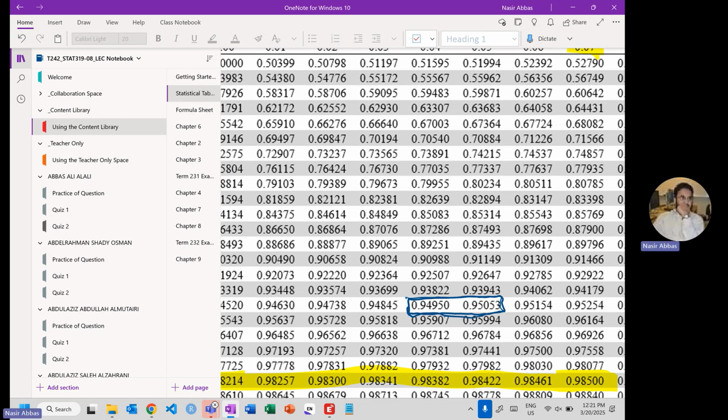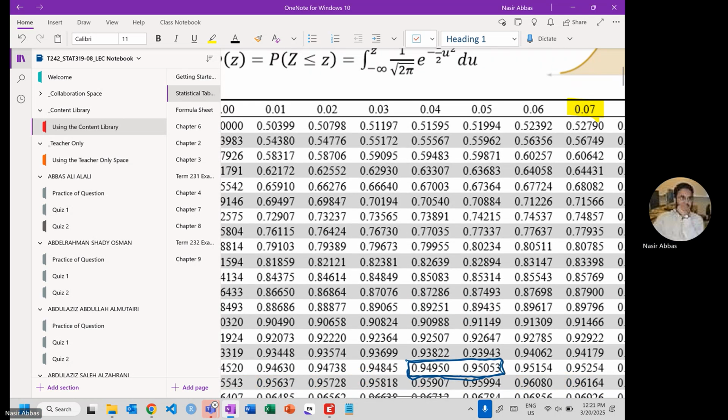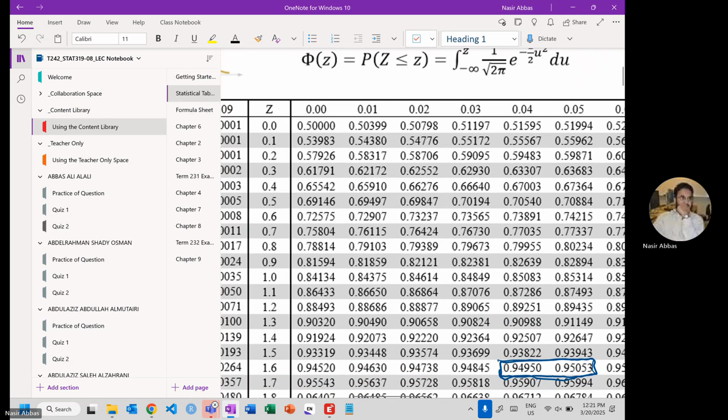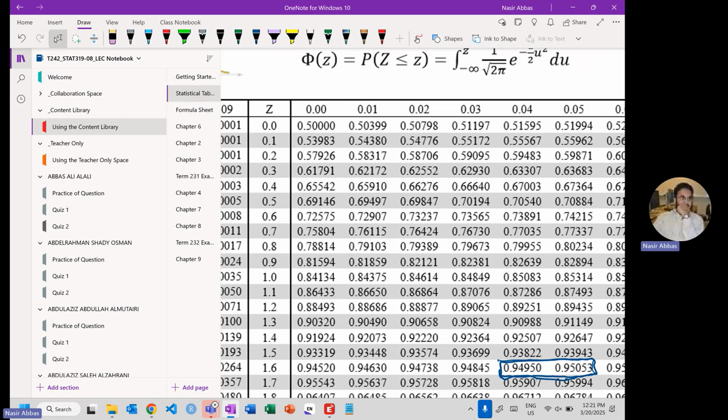Do you see? 0.95 is almost in the middle of these two values, correct? And these two values correspond to 1.64 and 1.65.